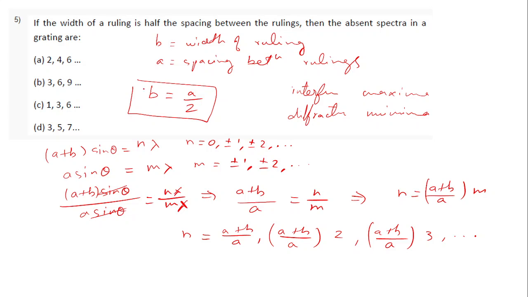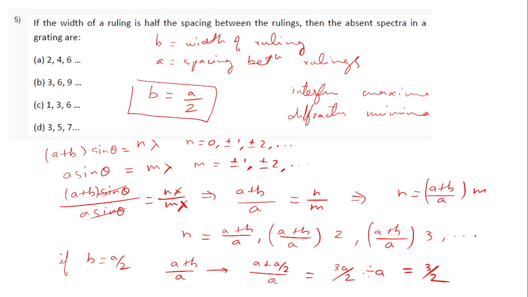Now we know the condition that the width of ruling is half of the spacing between rulings. So if b is a by 2, when we substitute here, (a plus b) by a becomes (a plus a by 2) divided by a, which is 2a plus a, that is 3a by 2, divided by a, meaning 3 by 2. Similarly here it will be 6a by 2, and this will be 9a by 2.